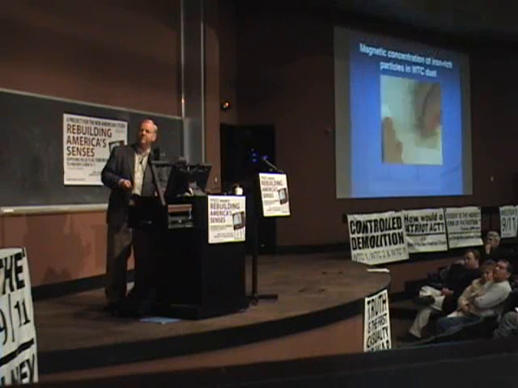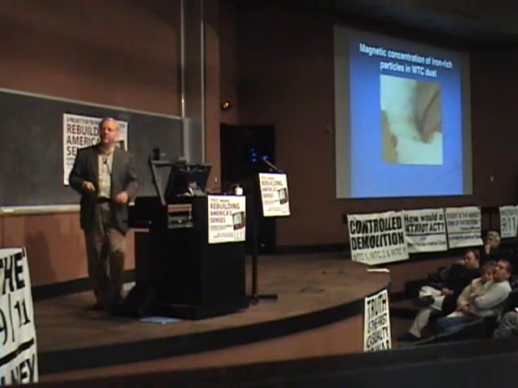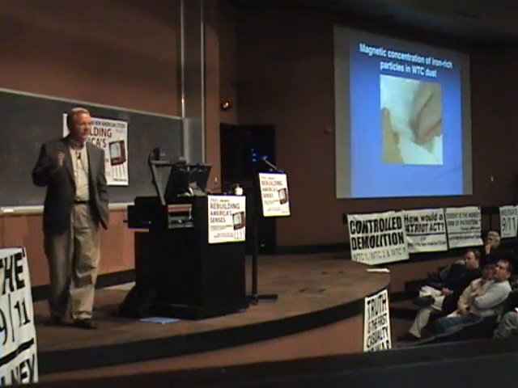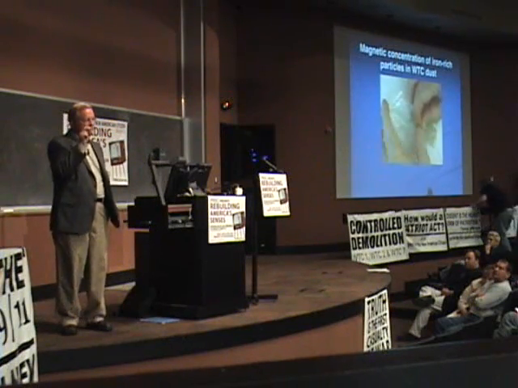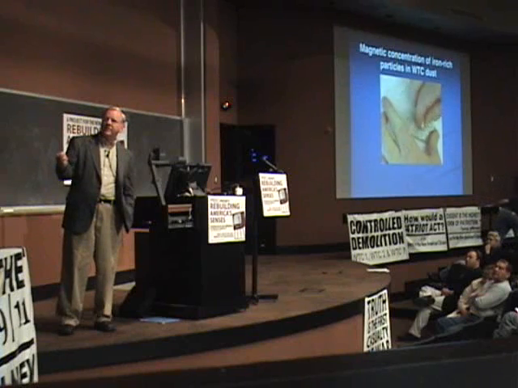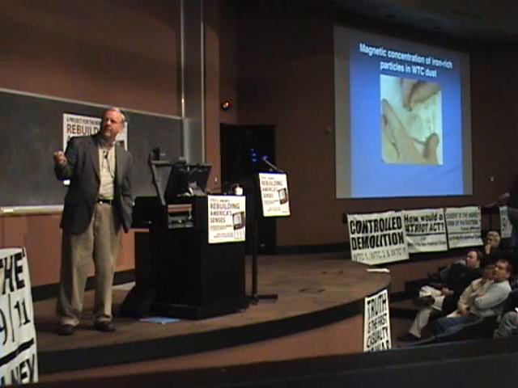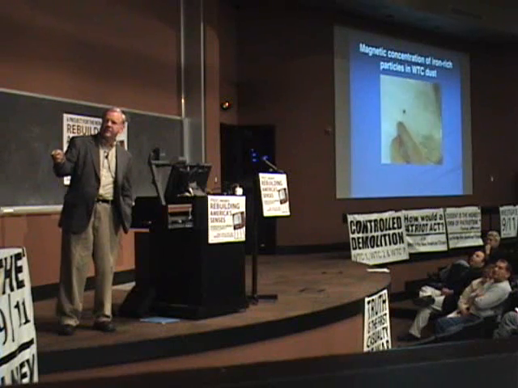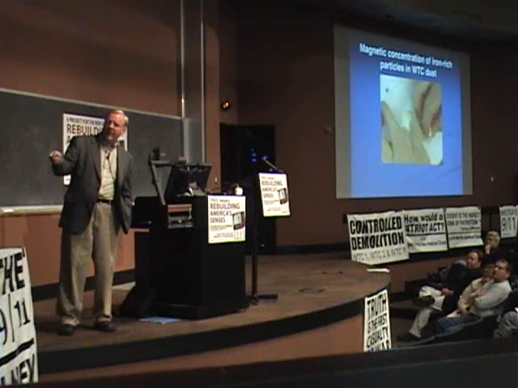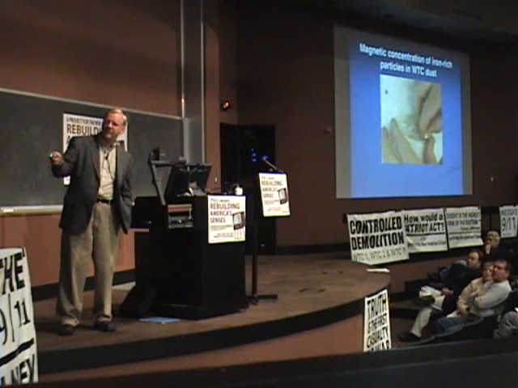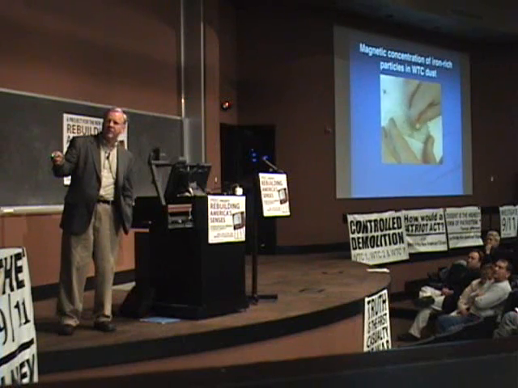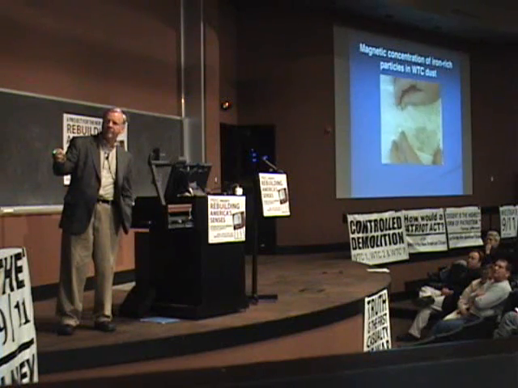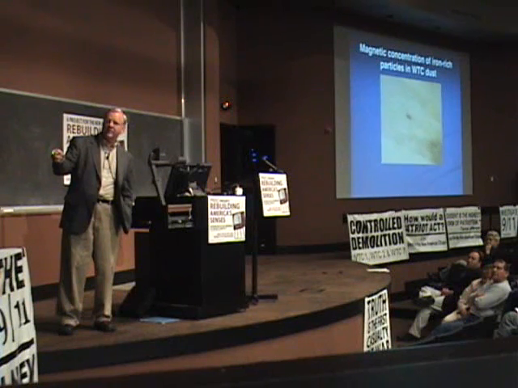The copper shows up. Okay, now this shows how I went after the little spheres that are too tiny to see by eye. I decided to use a magnet and a plastic bag. This is actual dust from the World Trade Center. You simply see the magnet pulls it out of the dust up to the top. The magnet does not touch the dust or the iron-rich component. And we simply pull it over to the side.